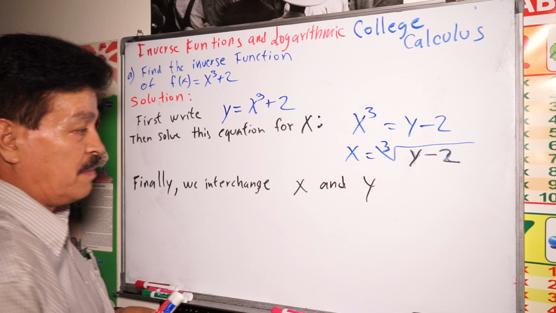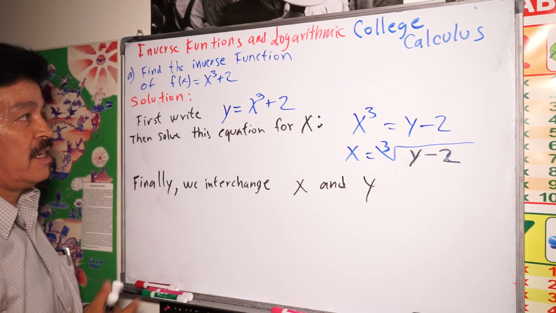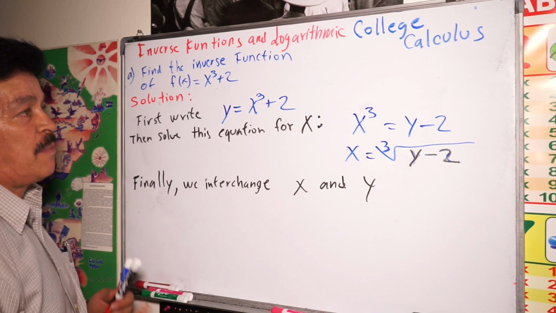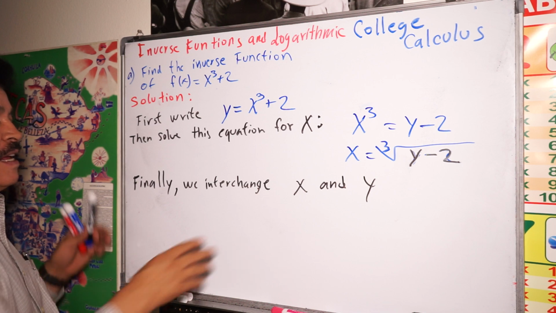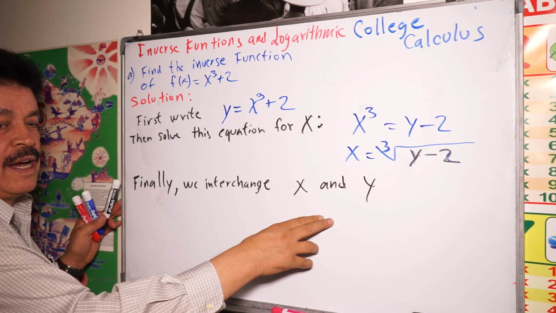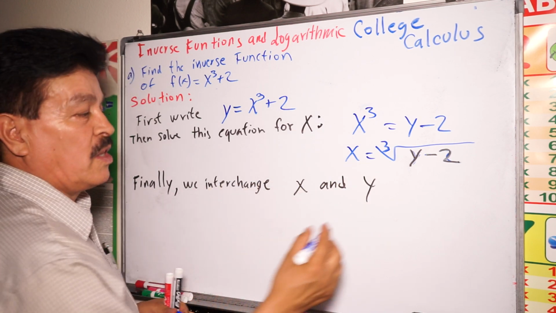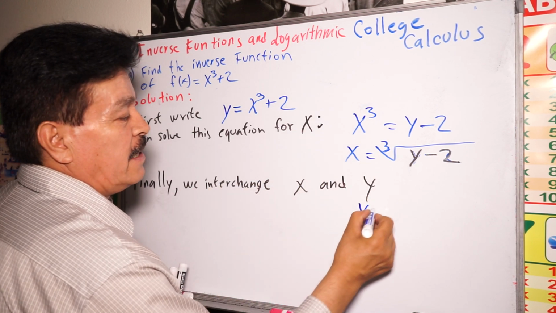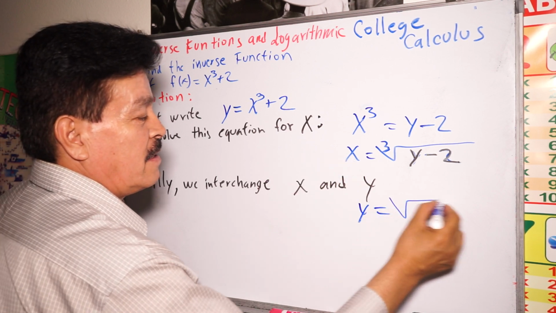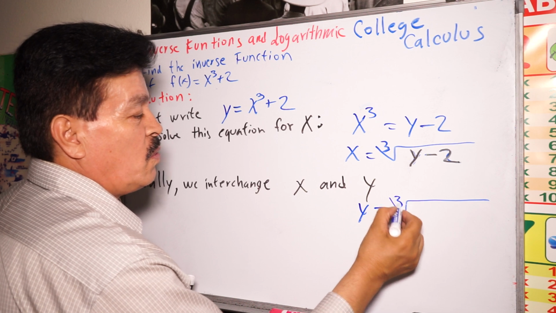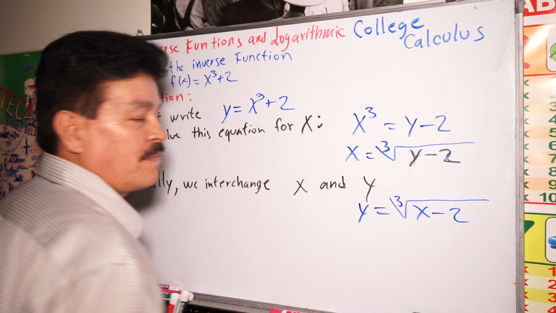Sometimes calculus seems very hard, but it's not. This is easy. You do an easy process, right? Finally, interchange x and y. How do we interchange? Here, look at this. Because this is x, just write y equals the cube root of x minus 2.